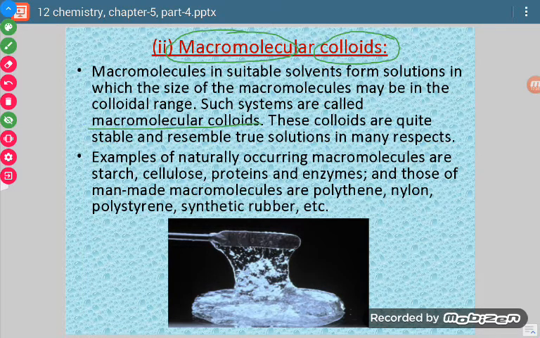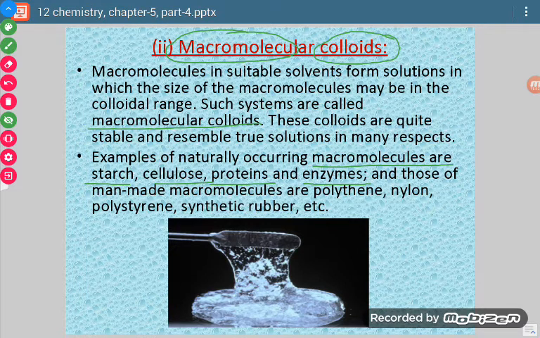For example, starch, cellulose, proteins or enzymes are called macromolecules. If we take these as the dispersed phase and mix them in a suitable dispersion medium, then the colloids formed are macromolecular colloids.